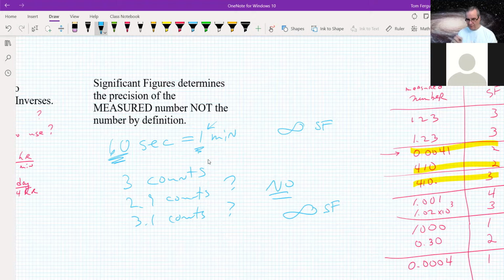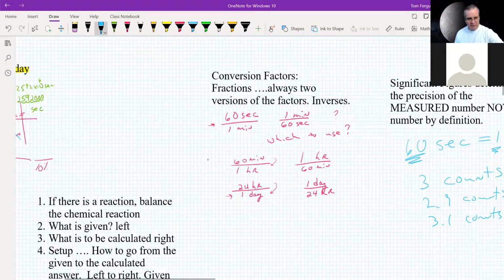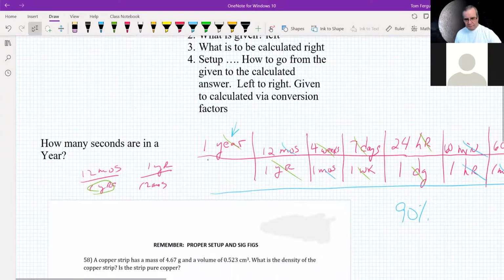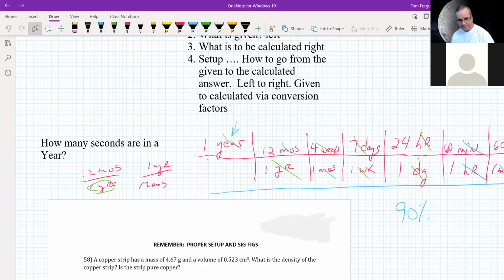So when we have infinite significant figures, we don't worry about them because they're always going to be bigger than anything else. So the only thing here in this problem that's not a definition is our given 1 year. How many sig figs is that? One. Okay.